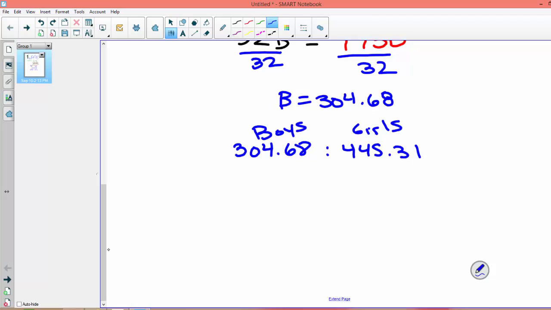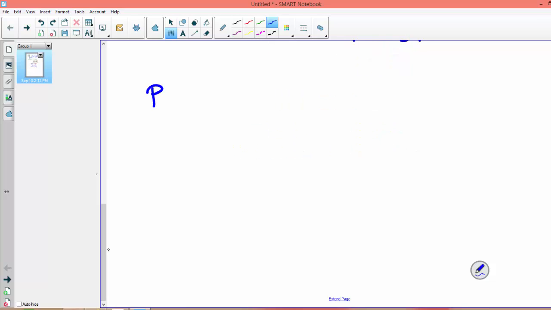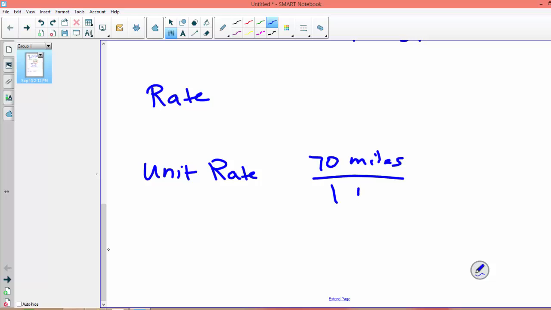Now, we're going to talk about rates and unit rates. And then we're going to convert rates. So a rate is just, I might drive 70 miles per hour. So 70 miles per 1 hour is a unit rate.